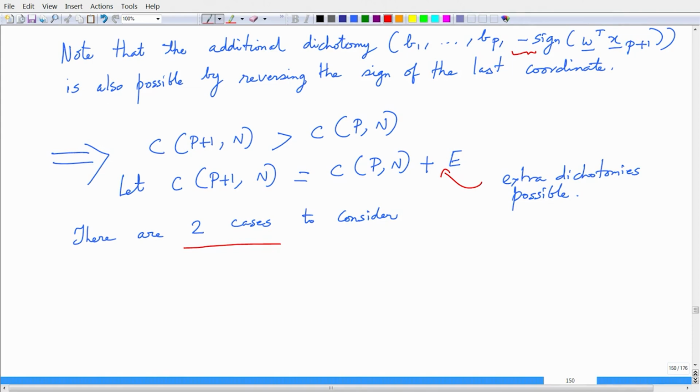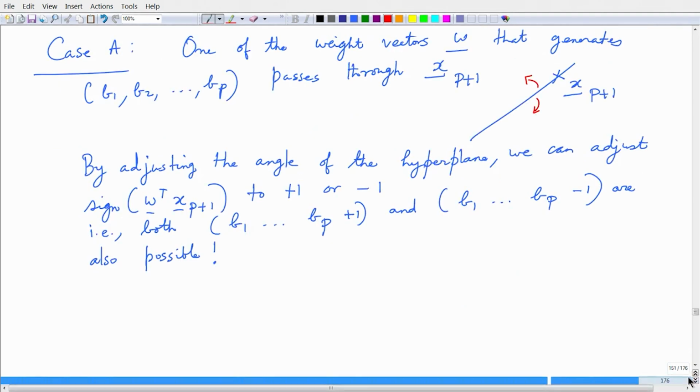If we visualize, this point x_{p+1} can be on this hyperplane, or it may not be on the hyperplane. So, there are two possibilities, and let us look at both of these cases together and then arrive at our conclusions. Case A: one of the weight vectors w that generates these coordinates b1, b2 and so on till b_p passes through the point x_{p+1}.